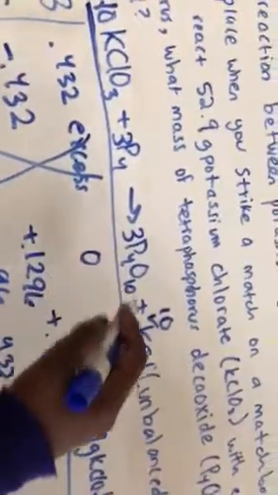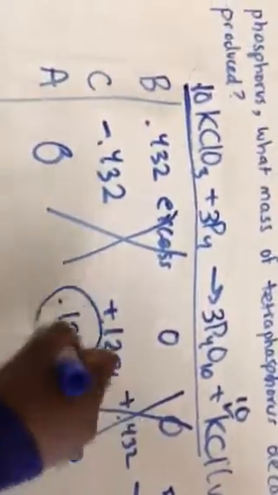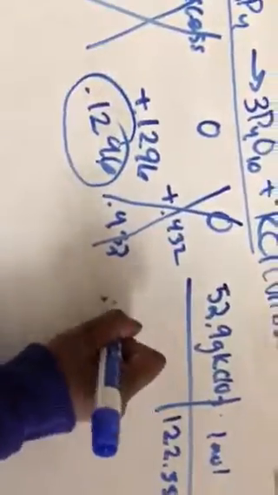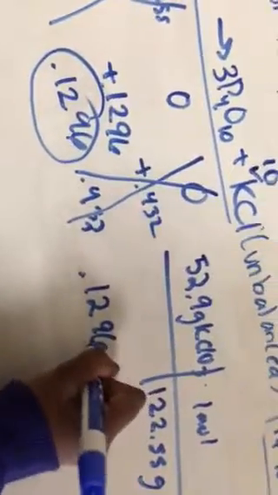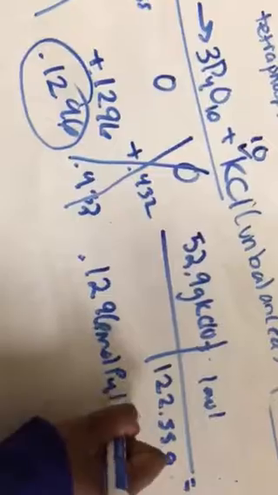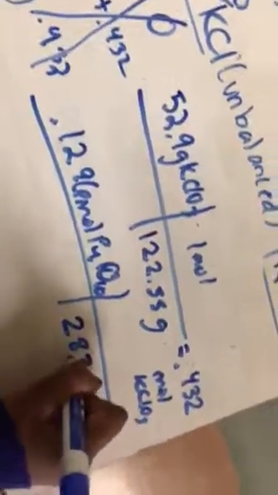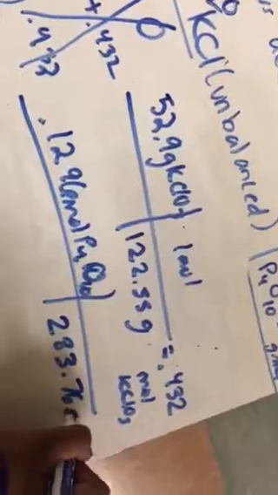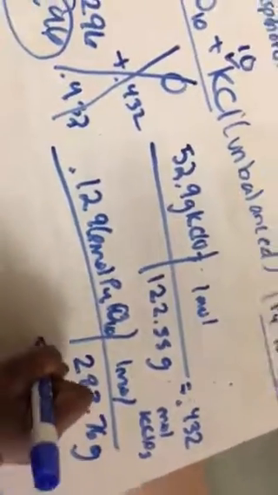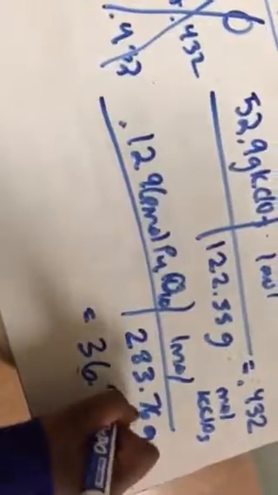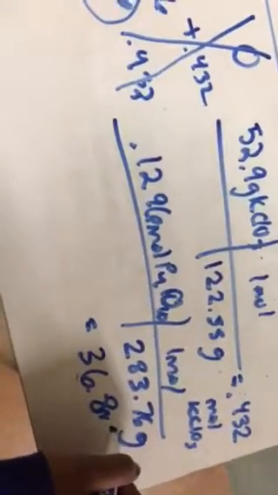We're focusing on P4O10, so we can ignore this part, and let's convert this to grams. So that is 0.1296 moles of P4O10, and our molar mass for that is 283.76 grams per mole. Sorry, I made a little mistake here.